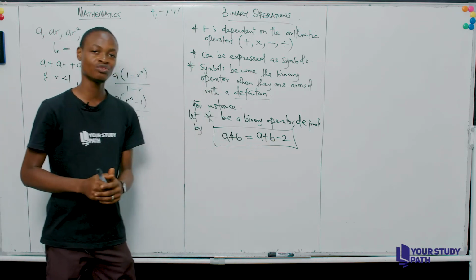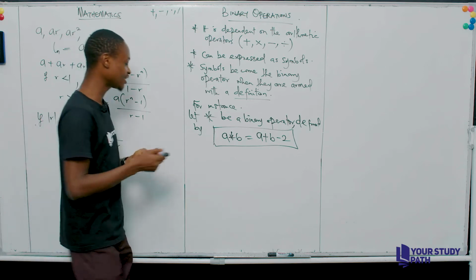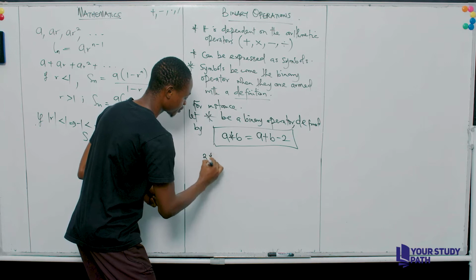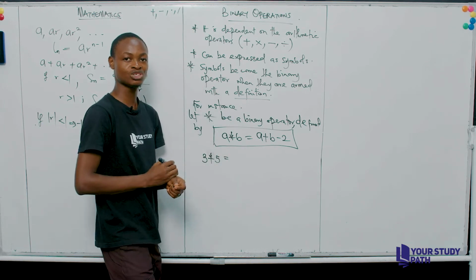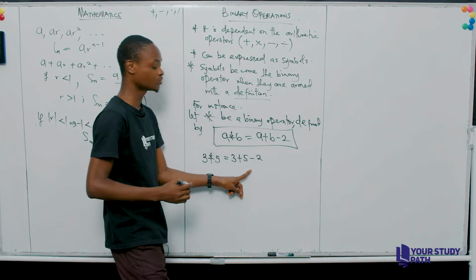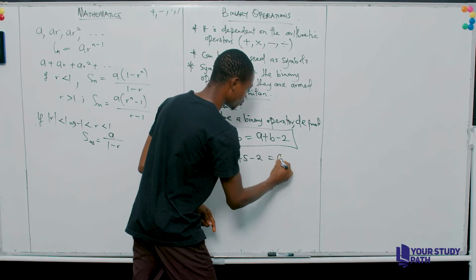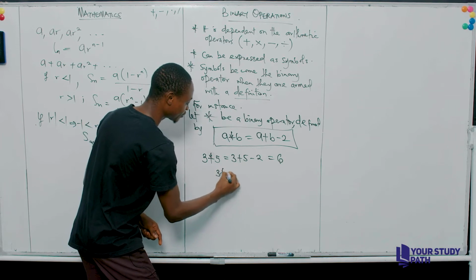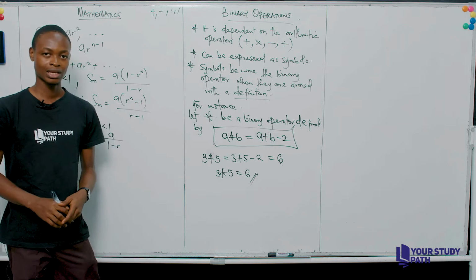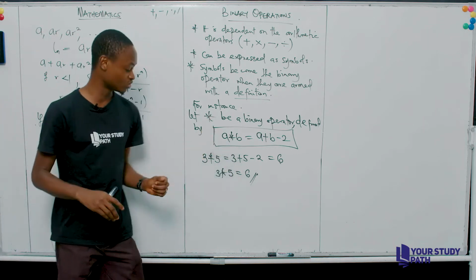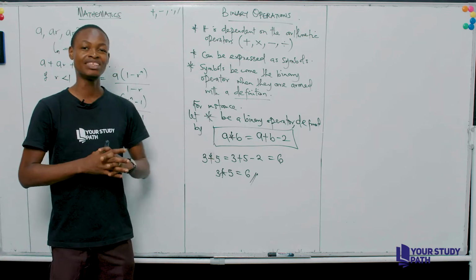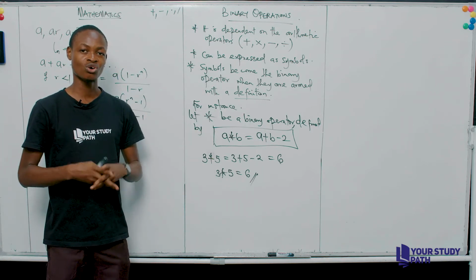This is the definition of the binary operator. So for instance, if I were to take 3 asterisk 5, then the result for this will simply be 3 plus 5 minus 2. 3 plus 5 gives you 8, minus 2 is equal to 6. So it means that 3 asterisk 5 is equal to 6. You would see that there is no way we would have known that 3 asterisk 5 will give us 6 if we did not have the definition of the binary operator.